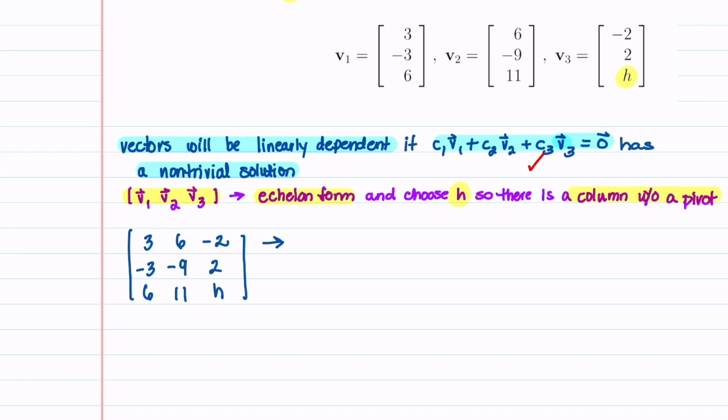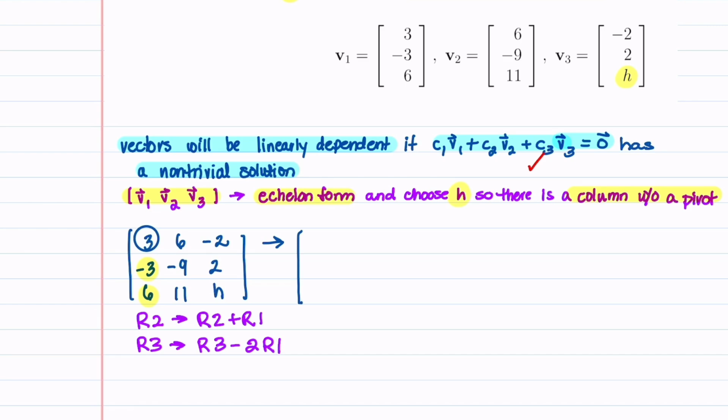So I'm going to start by circling our pivot, and then I'm going to highlight the 2 entries that have to go to 0. The row operation that we're going to use is row 2 goes to row 2 plus row 1, and then row 3 goes to row 3 minus 2 times row 1.